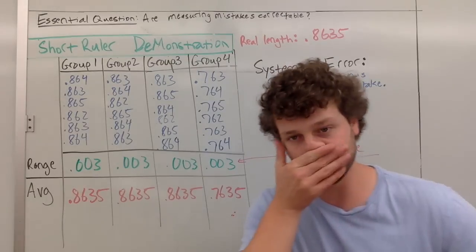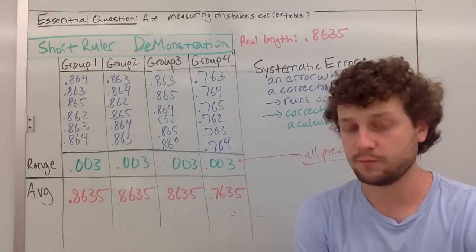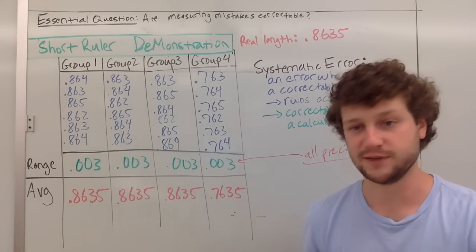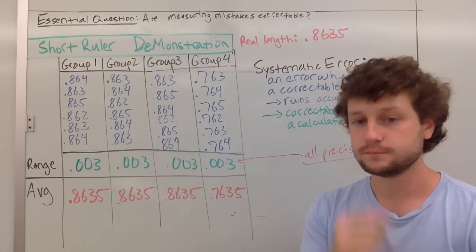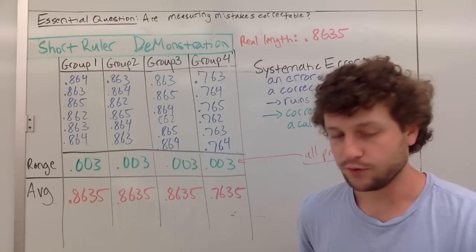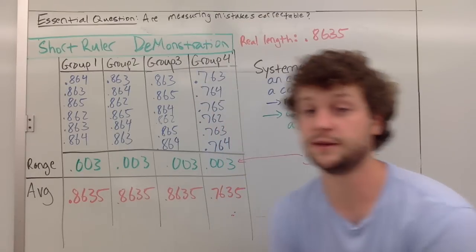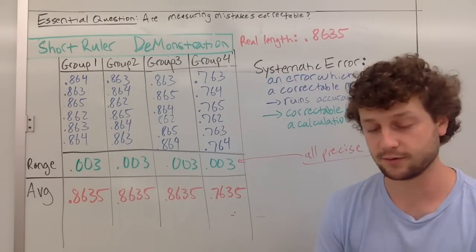Don't think so. So how have you seen a systematic error which ruins the accuracy of measurements in real life? Where have you seen this before? If you go to the supermarket, a lot of times, you may even work there, you do self-checkout.